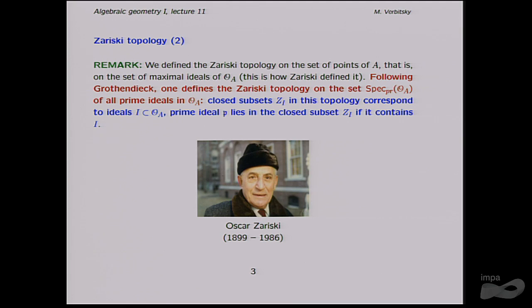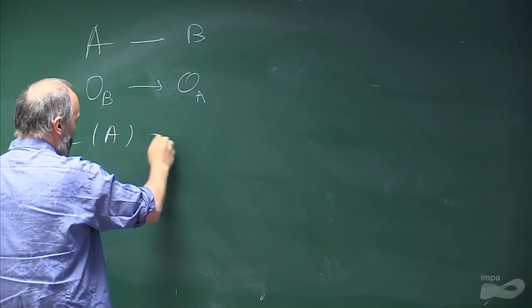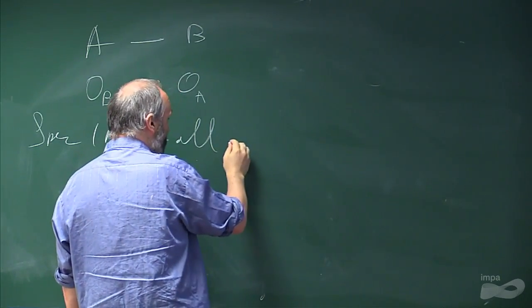It's not necessarily maximal. The preimage of a prime is definitely prime, but the preimage of a maximal is not necessarily maximal. So what you do is you don't work with maximal ideals. You work with all prime ideals. So in the Grothendieck sense, the spectrum of A is the set of all prime ideals.